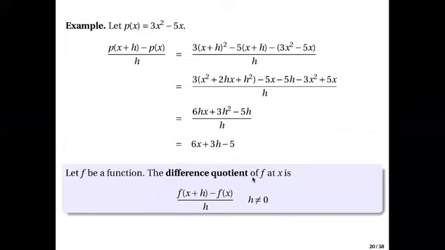The difference quotient of f at x is this expression, similar to this expression: f of x plus h minus f of x all over h. Of course, your h here is not equal to 0. So the difference quotient.